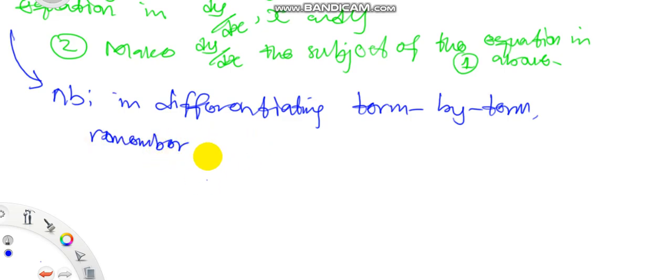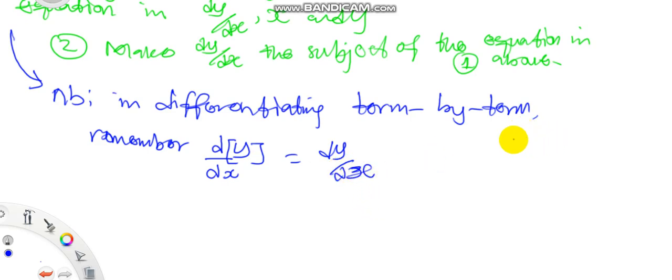If you have y in an expression and you differentiate y with respect to x, this is going to give us dy/dx.